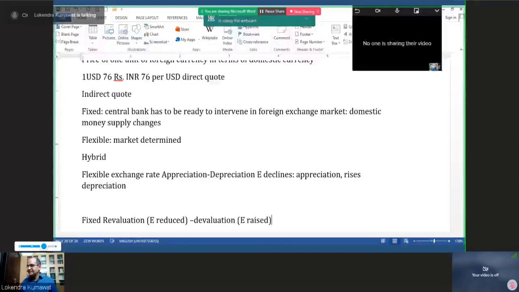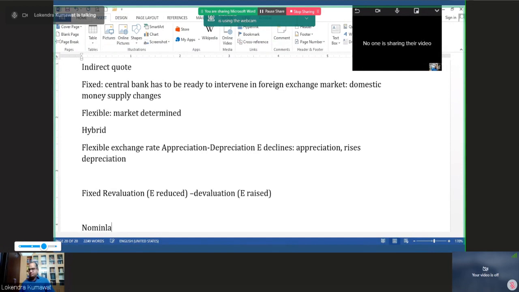The other important concept is that of nominal exchange rate versus real exchange rate. The nominal exchange rate is the number of units of domestic currency required to buy 1 unit of foreign currency.